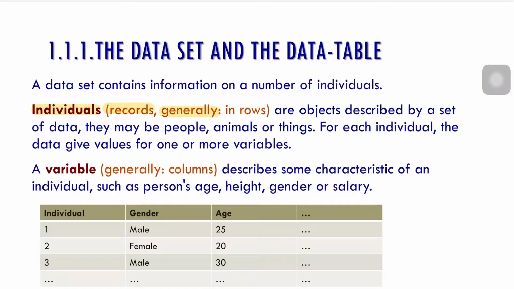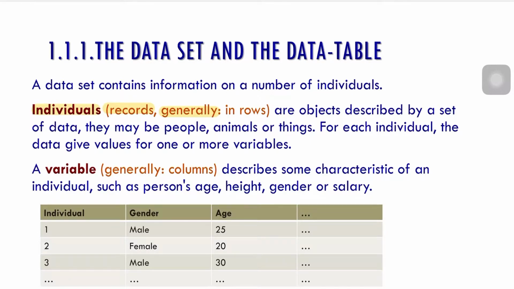For example, in the clinic, we can say individual data, for example, the records about the patients and the records about the people and the medicines. Or generally in animals or everything we can get.